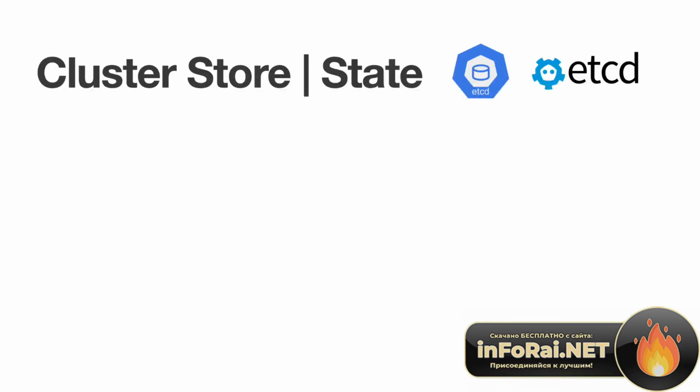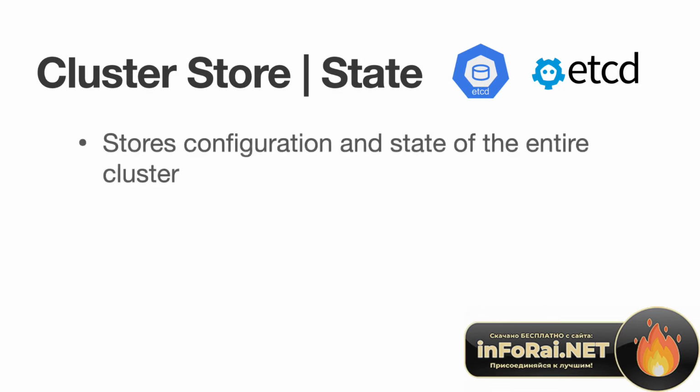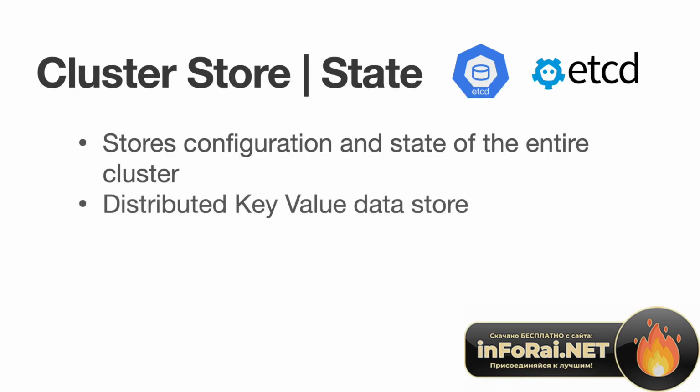Next, we have the cluster store, which really contains all of the state for our application. So it stores the configuration and state, and currently Kubernetes uses etcd, which is a distributed key value data store, and etcd is the single source of truth. So it's our database, right? Like any other application that you build, the database contains the source of truth.